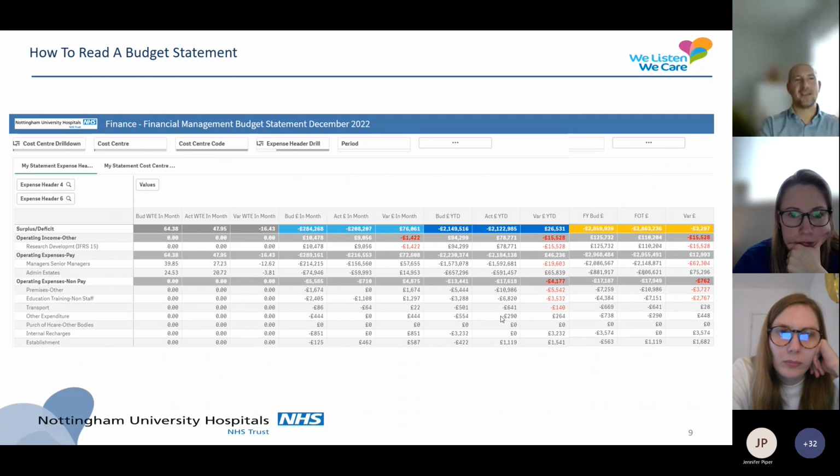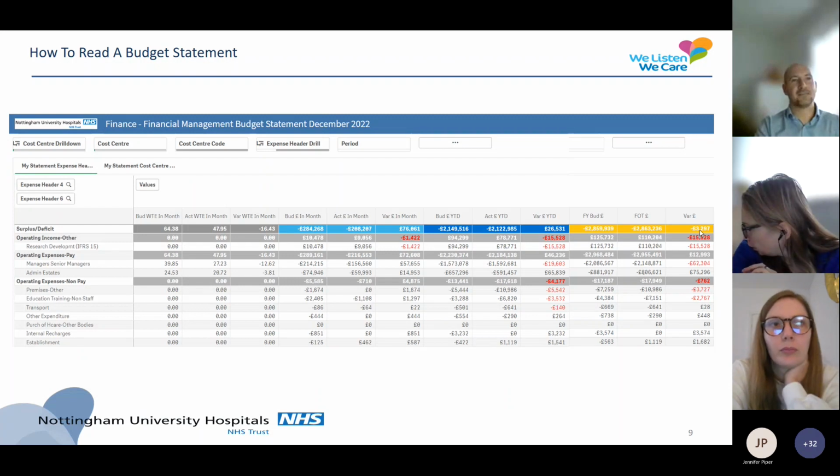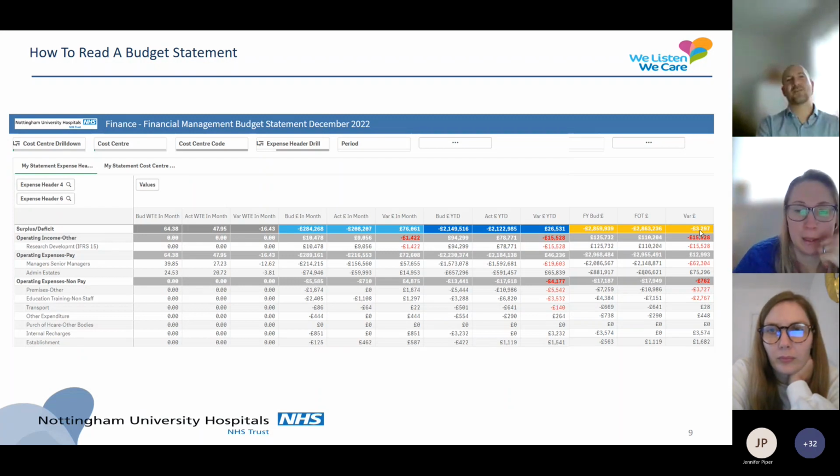But the main thing is by the end of the year, and that's what these forecast budgets are, that will come back to plan. And so for my position, I'm actually £3,000 behind plan. So I need to look at my position going into the final few months to make sure that I break even.